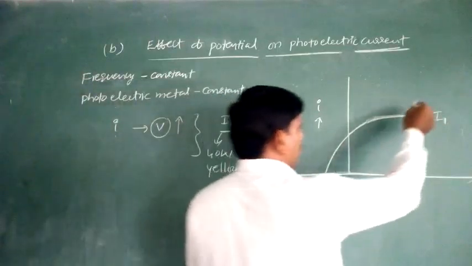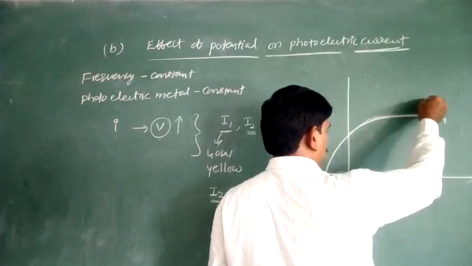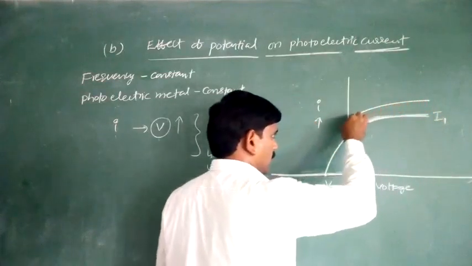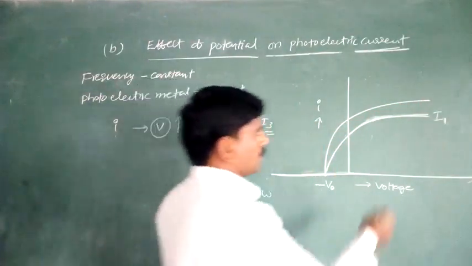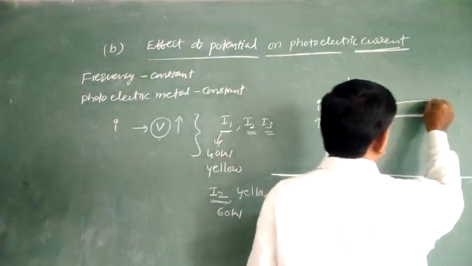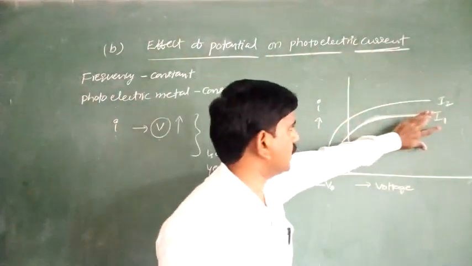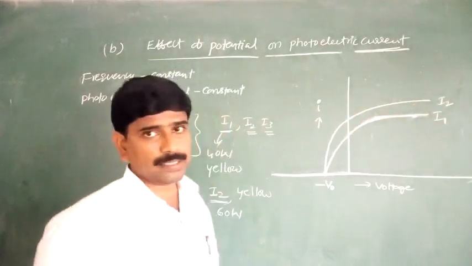So for the different applied voltages we get a graph like this. This is the saturation current for the I2 intensity. The first one is the I1 intensity, the second one is the I2 intensity.